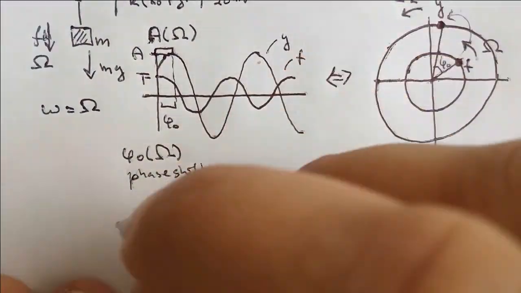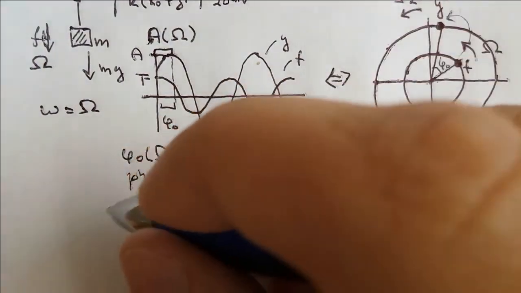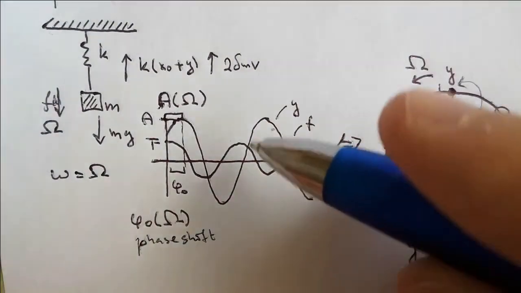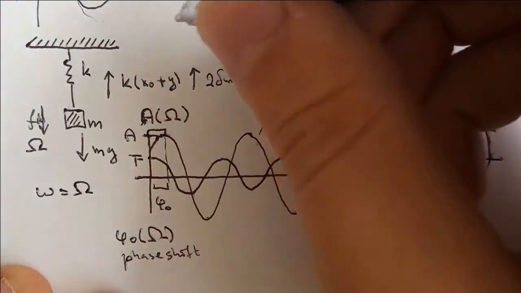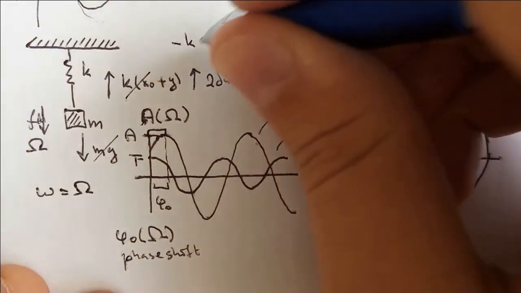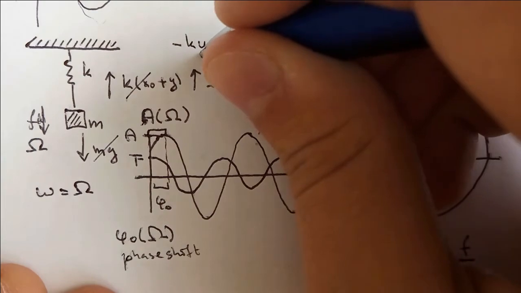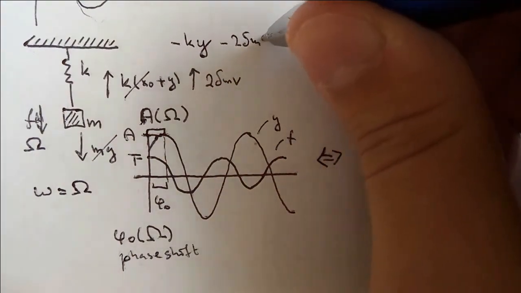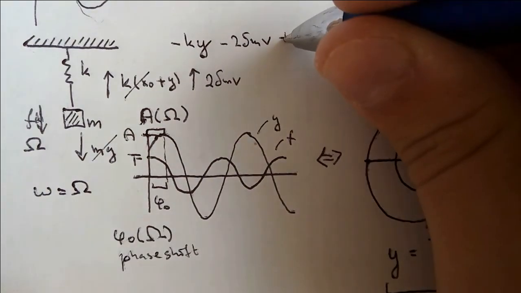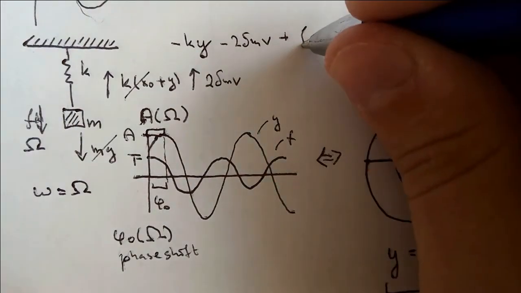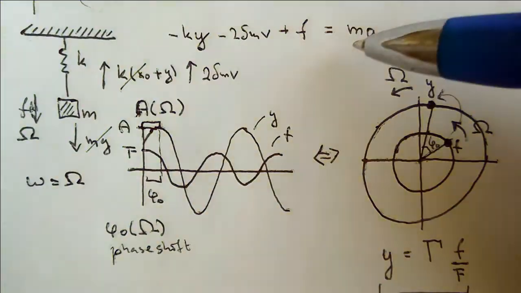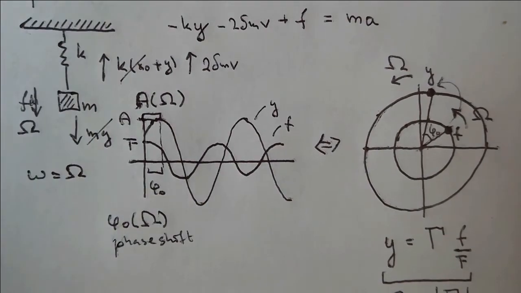The equation of motion from this picture should be minus ky minus 2 delta m v, plus, in this direction the pulling force, plus f, and this is mass times acceleration on the other side.